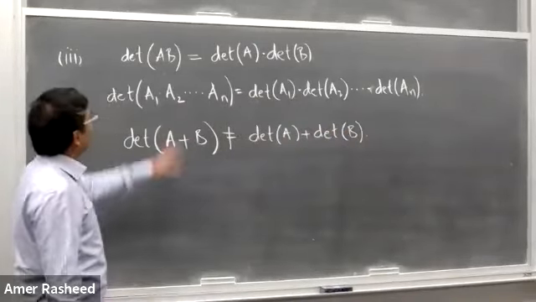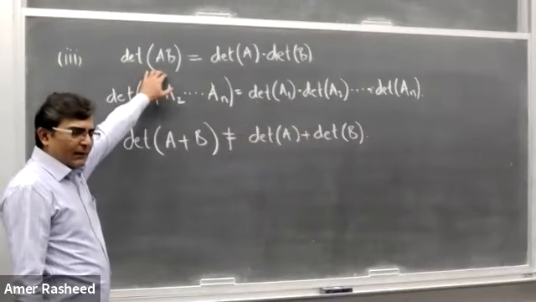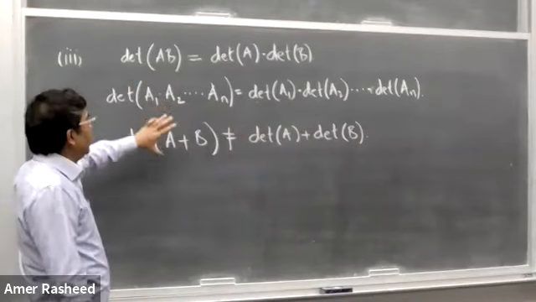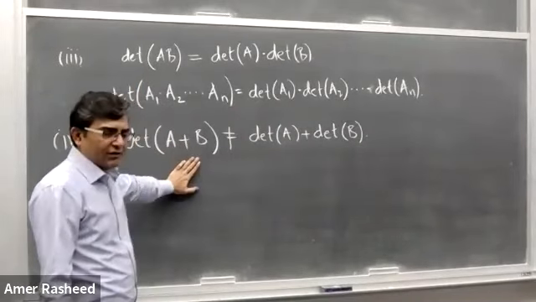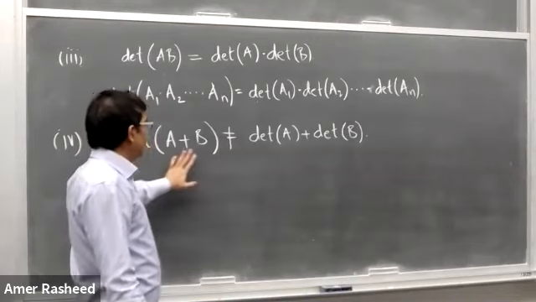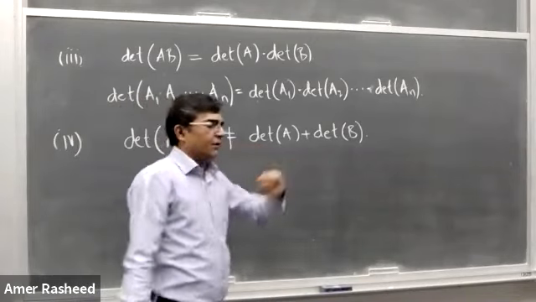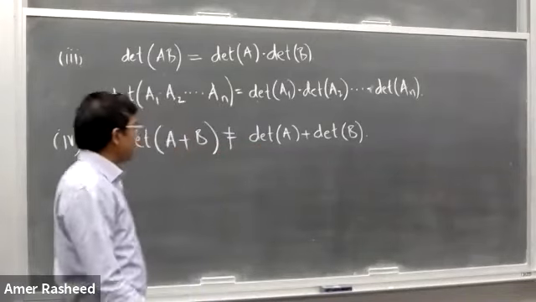Don't assume that if this property is true for the multiplication of two matrices, then it would be true for the sum of two matrices. So this property is not true in general. The determinant of A plus B is not equal to the determinant of A plus the determinant of B.